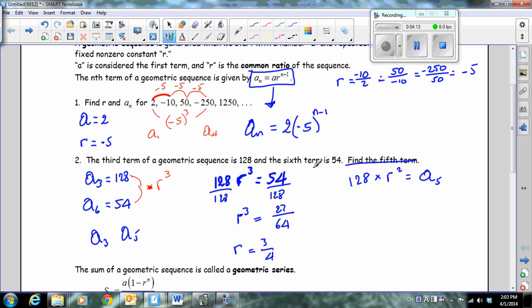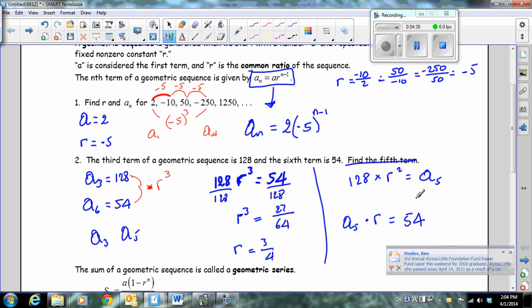That's one way. Or I can go from a5 to a6 to say a5 times r is equal to a6. That's another way of doing this, knowing that a6 is the value that we have, which is 54. So I can just put 54 here, and I can replace r by its value, 3/4.